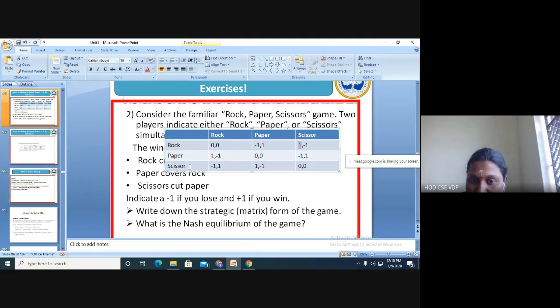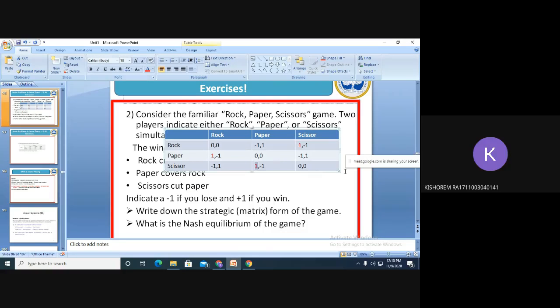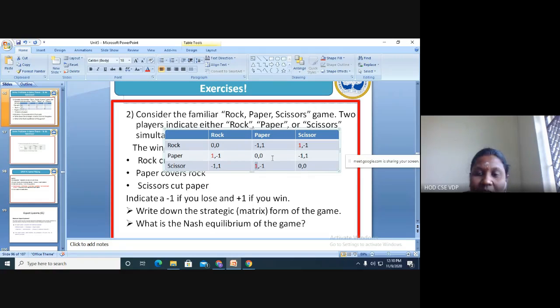The dominant strategy for scissor is this value. And coming to the column-wise strategies, for player B the dominant strategies are here: exactly 1, and this is 1, and this is also 1.